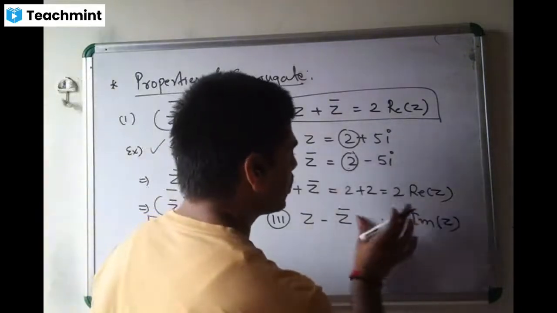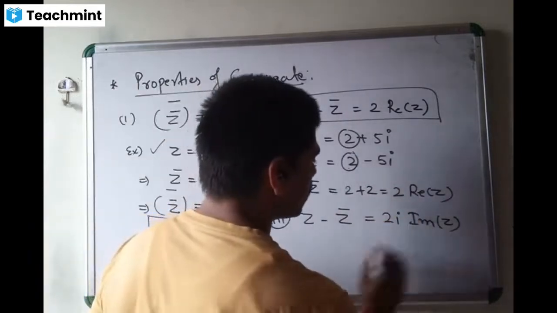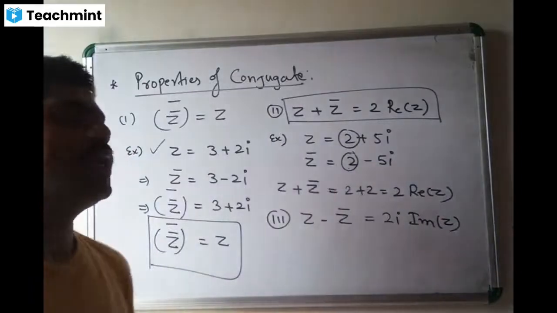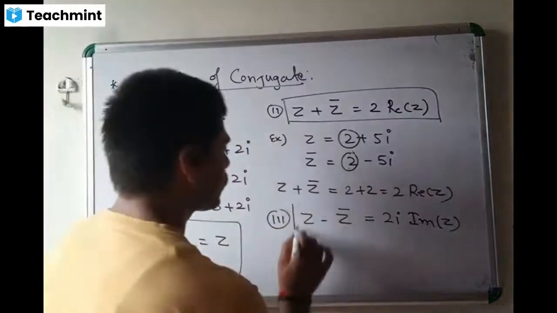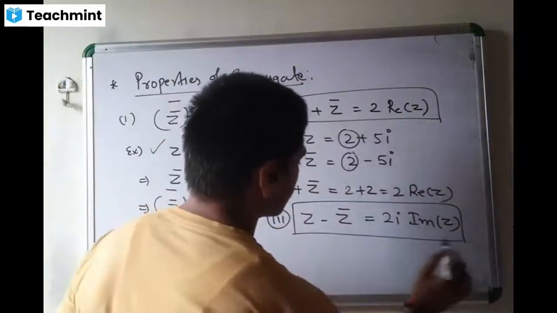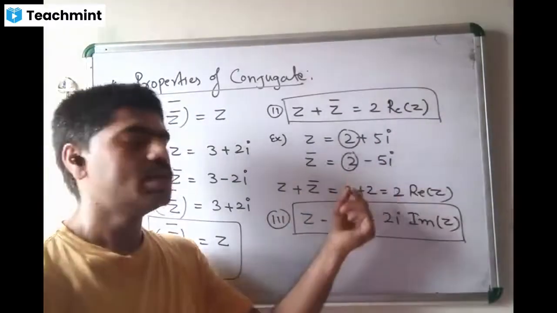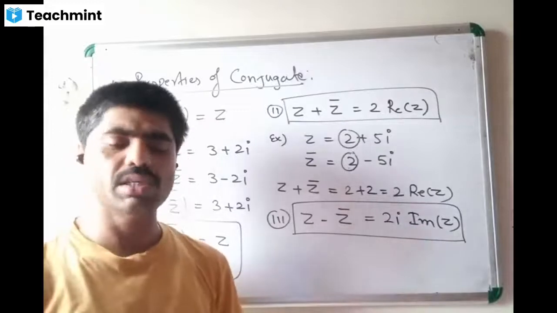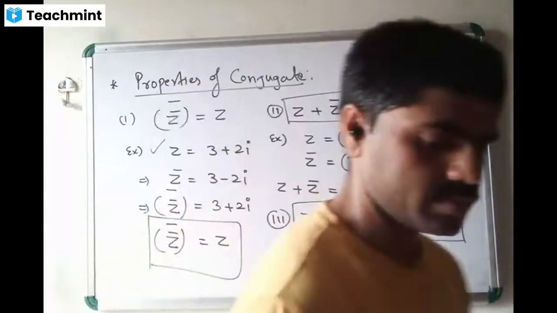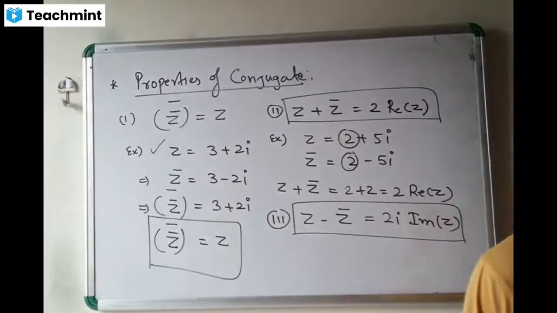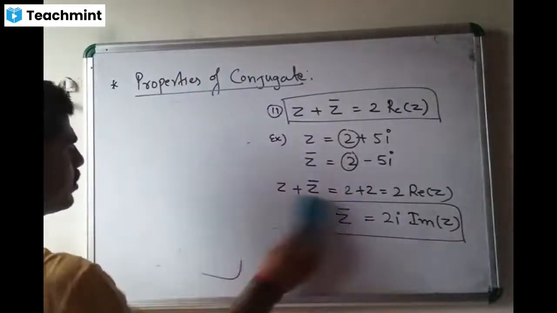You can verify it by taking any example, or the same example, and you will get 2i into the imaginary part. And now see the next one, it is very, very important.